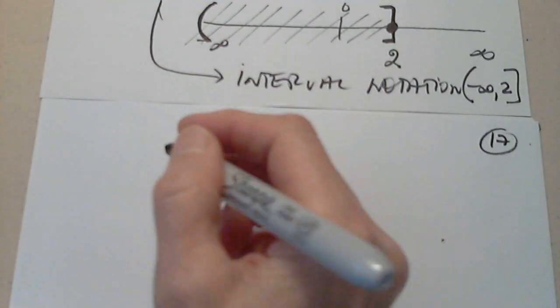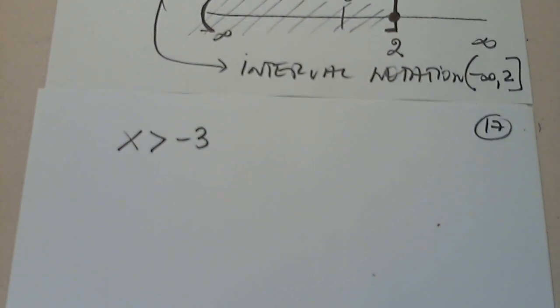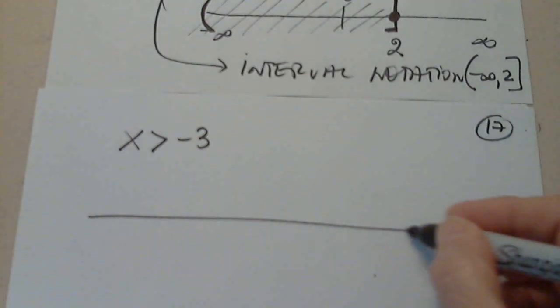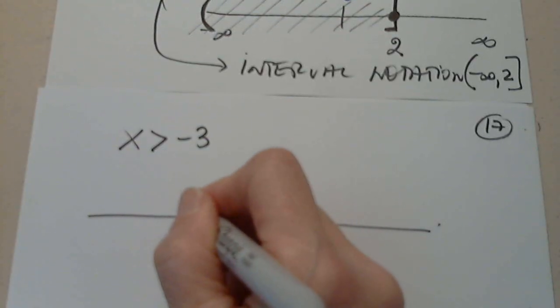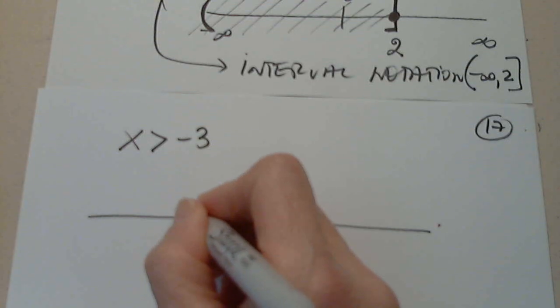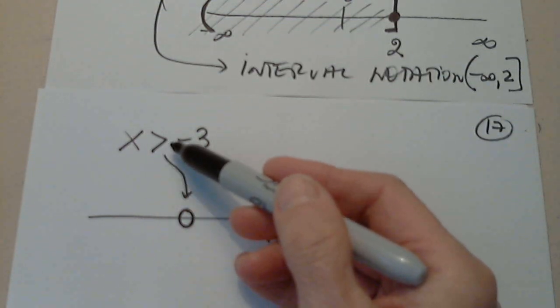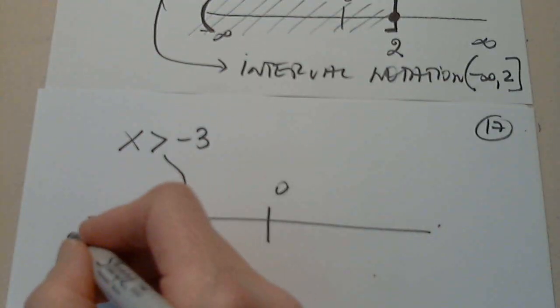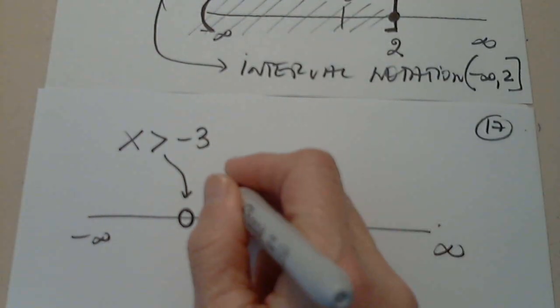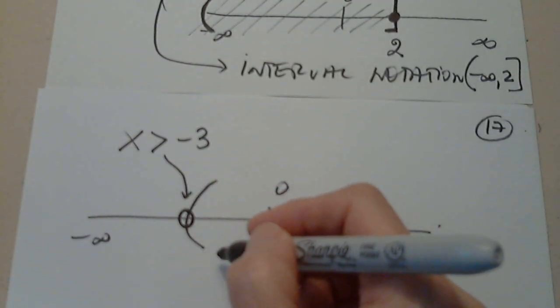Now, if I'm given something like this, I read it: x is greater than negative 3. Again, on the real line, negative 3 somewhere here. I will use an open point. Why is it an open point? Because the equal symbol is not here. The open point translates into a parenthesis, not a bracket.